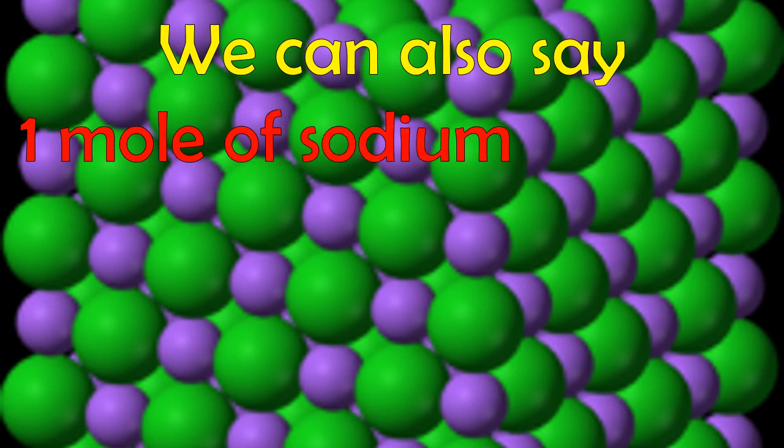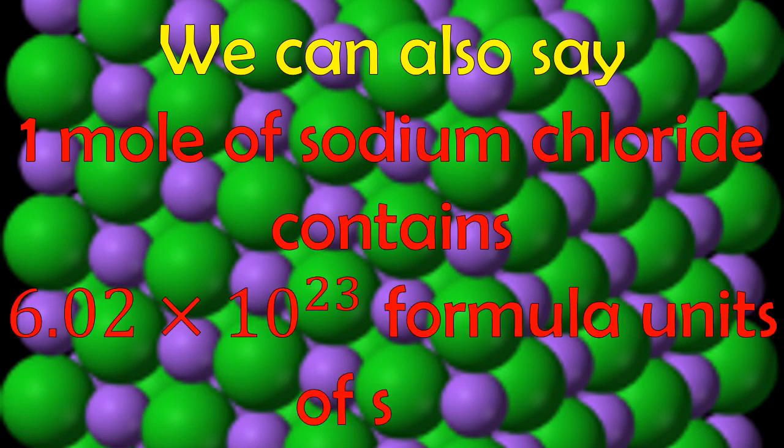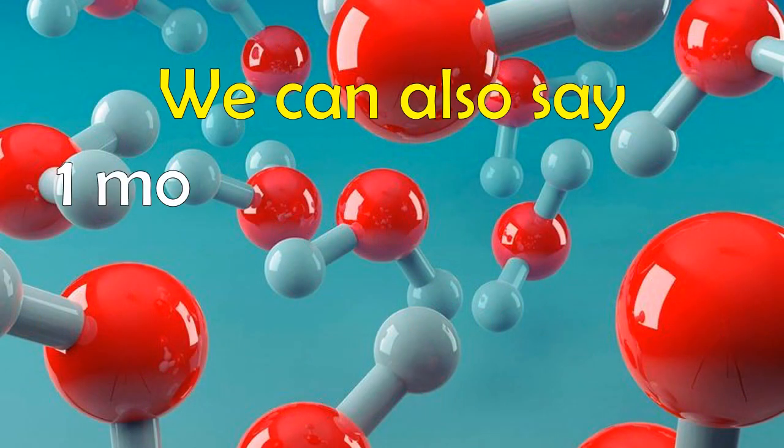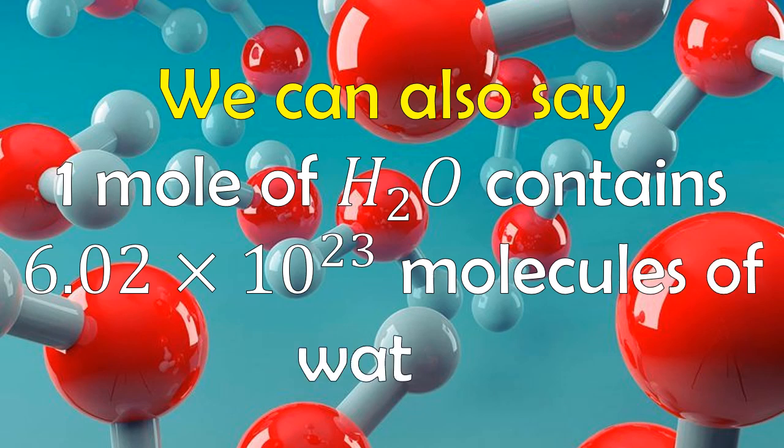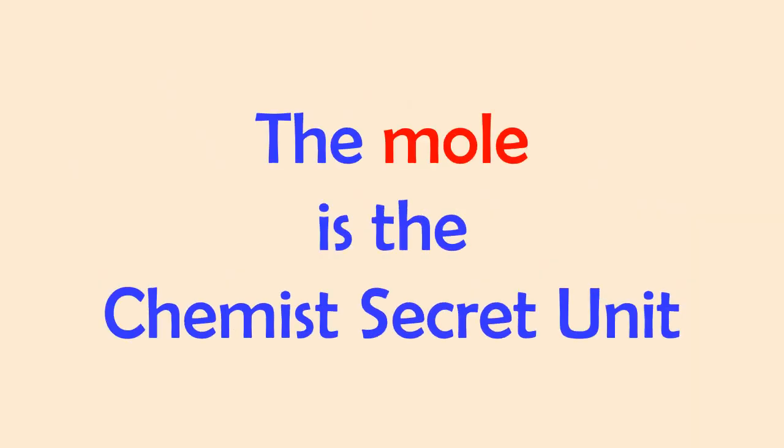We can also say 1 mole of sodium chloride contains 6.02 into 10 raised to the power of 23 formula units of salt. We can also say 1 mole of water contains 6.02 into 10 raised to the power of 23 molecules of water. The mole is the chemist's secret unit.